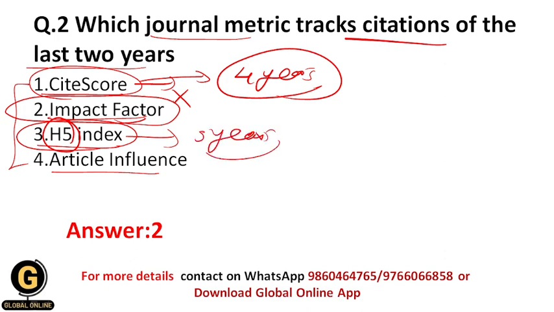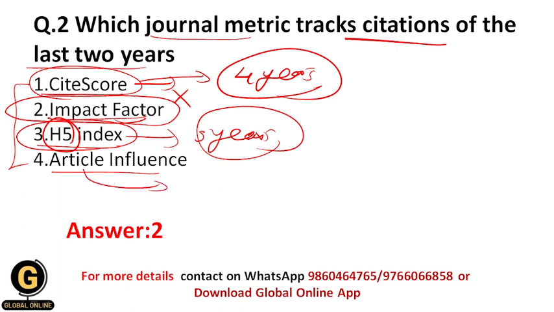This is an author level metric that measures both productivity and citation impact of publications, and this is the largest number of citations of the previous years, because here you are going to track the citations of the last 5 years, right, and that's why this is the key journal metric which tracks the citations for the last 5 years.